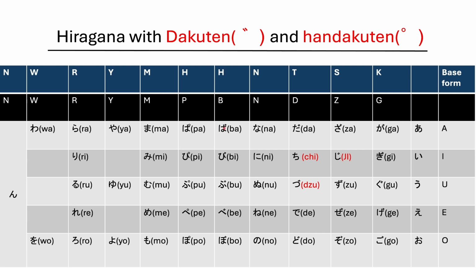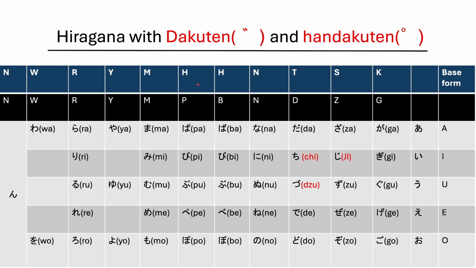If we add the dakuten to the h column, the sound changes to b, the English alphabet b. For example, ba, bi, bu, be, bo. But if we add the handakuten to the h column, the pronunciation changes to p. For example, pa, pi, pu, pe, po.